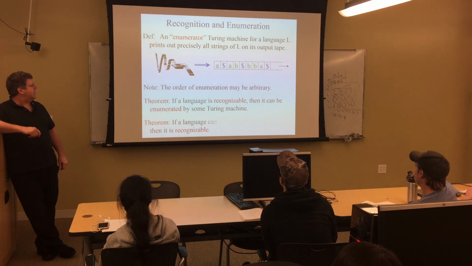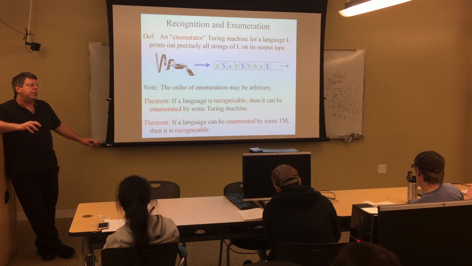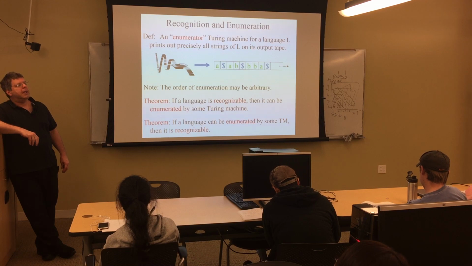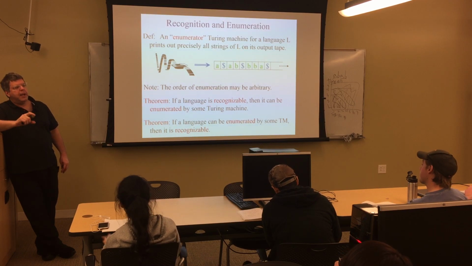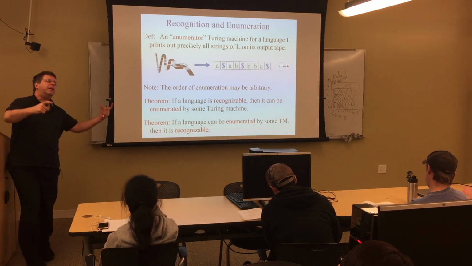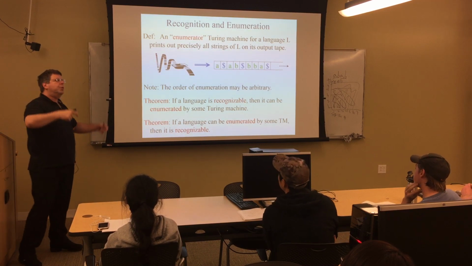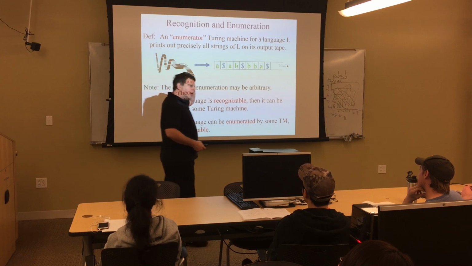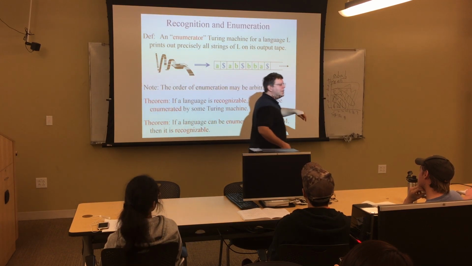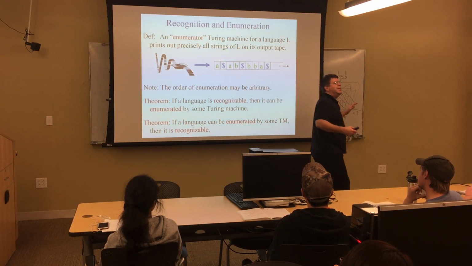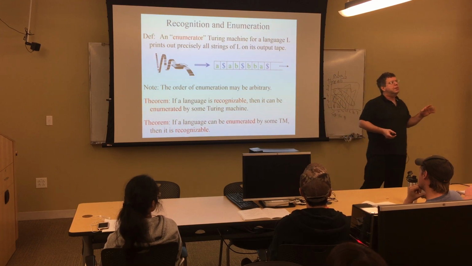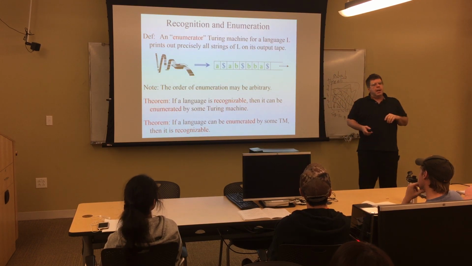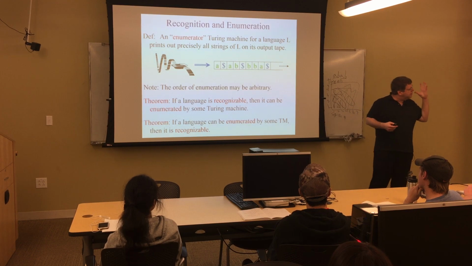And recognizability is the same as enumerability in any order you want, not necessarily lexicographic. So we have two pairs of theorems that together give you two different characterizations of two different concepts, recognizability and decidability. Those are equivalent to enumeration in lexicographic order or just enumeration plain and simple, in arbitrary order.